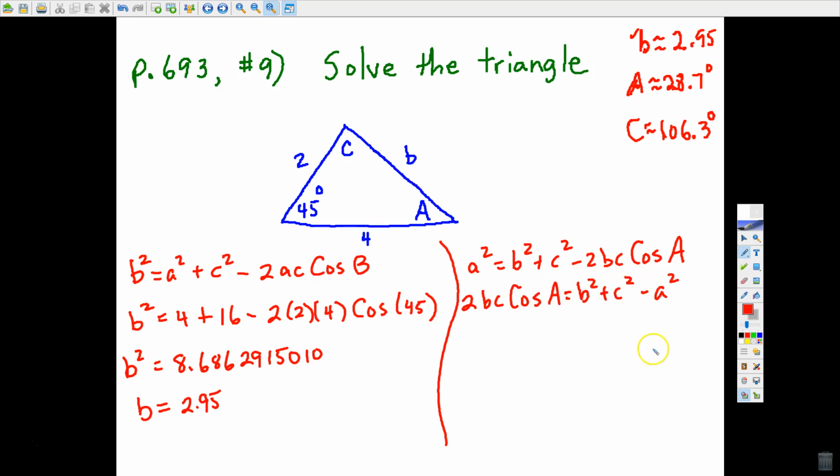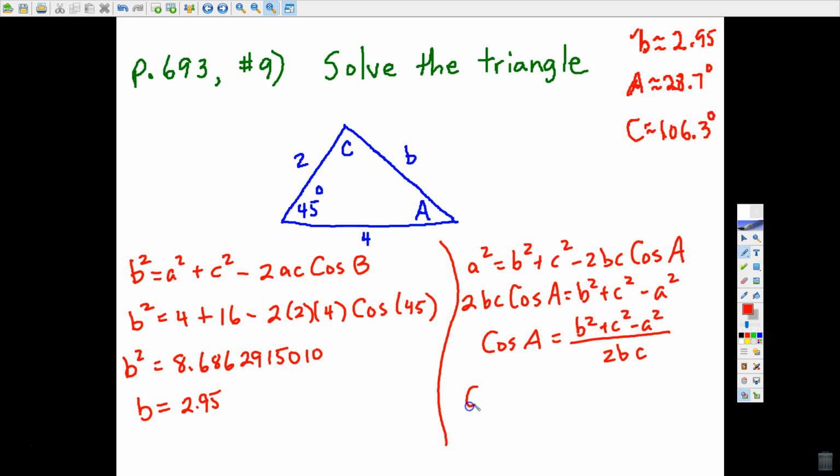All right, and now since I want A by itself, eventually I'm going to be doing the inverse cosine of both sides. I'm going to divide both sides by this 2BC. So anytime you're looking for an angle, you're basically turning your original law of cosines equation into the equation that looks like this, where you can pretty easily solve for the angle.